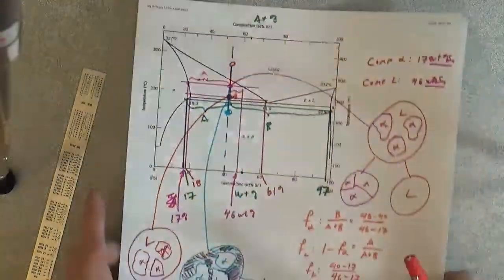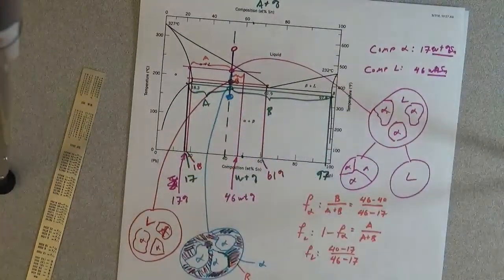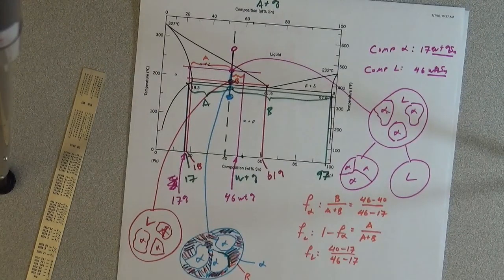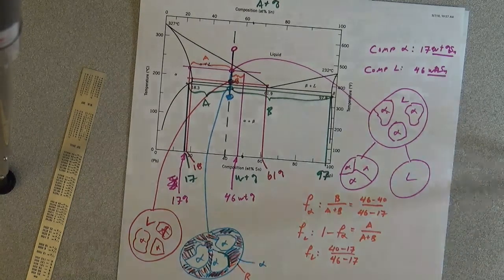And again, the method for doing this is the same as for the isomorphic composition, and it's the same for more complex phase diagrams, which I'm going to show you some examples of now.